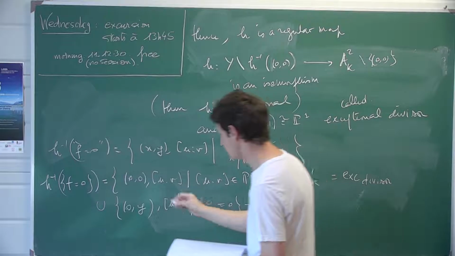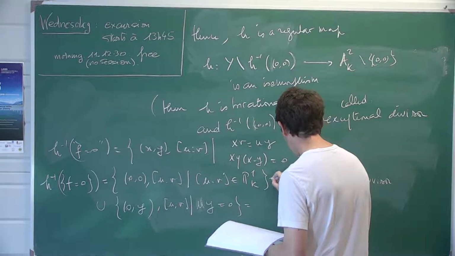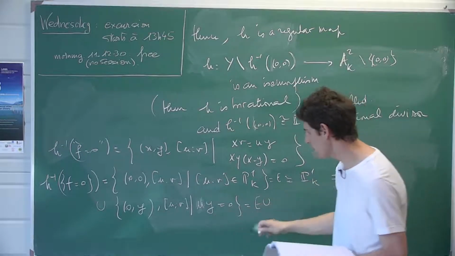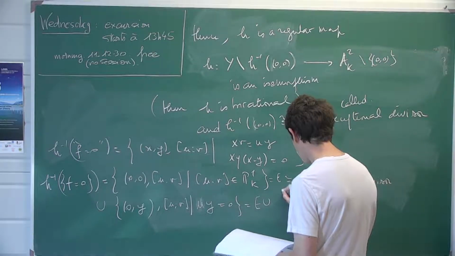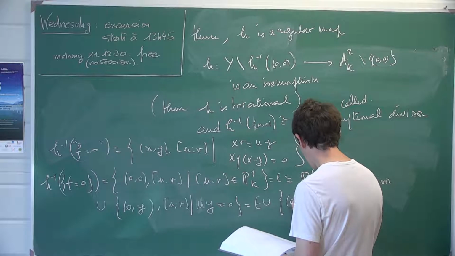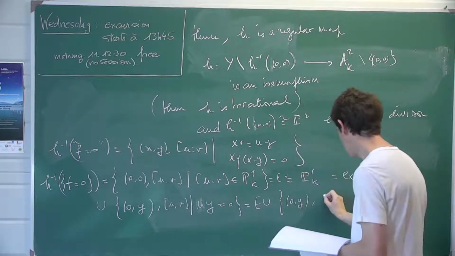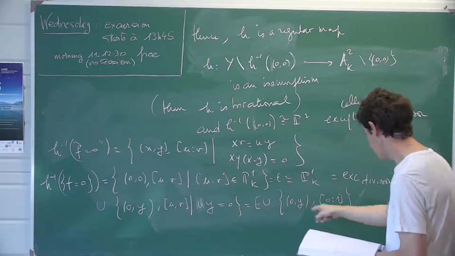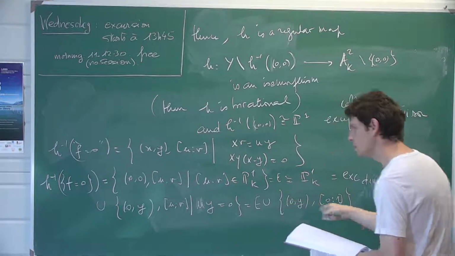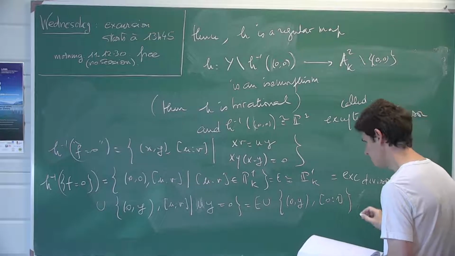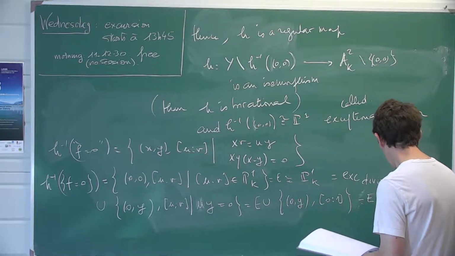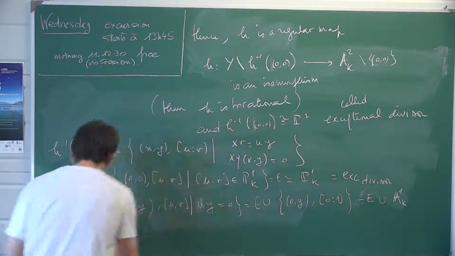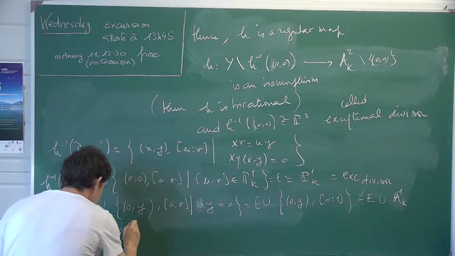So I have the exceptional divisor, of course, when y is 0, and I have the other case, union, and here I have one line. Okay, so this is E union a line. The other case is similar.